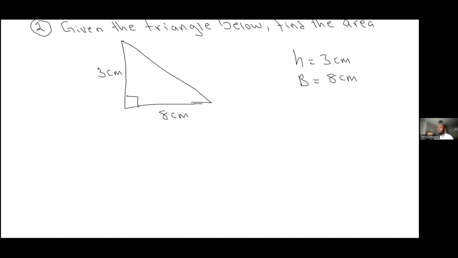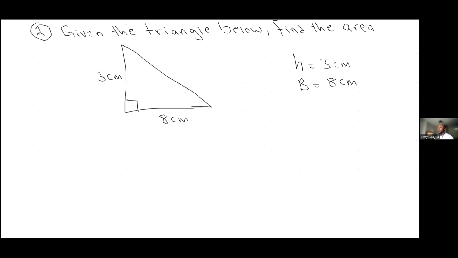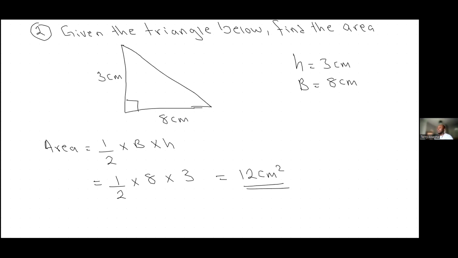The area is going to be equal to 1/2 times base times height. That'll give you 1/2 times what's the base? 8, times the height is what? 3. And that will give you what? 12 centimeter squared. And that is how you find the area in this case.